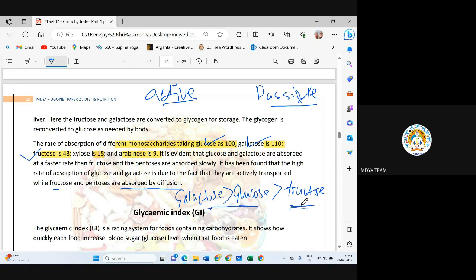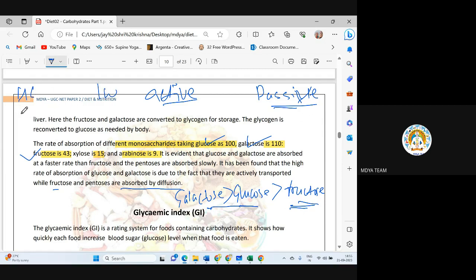But for absorption of fructose, our body doesn't use energy. This is passive transport, or passive absorption. There is a simple law that everything flows from high concentration to low concentration.